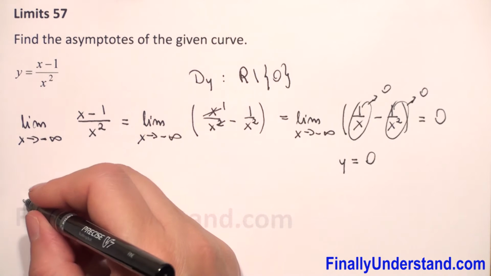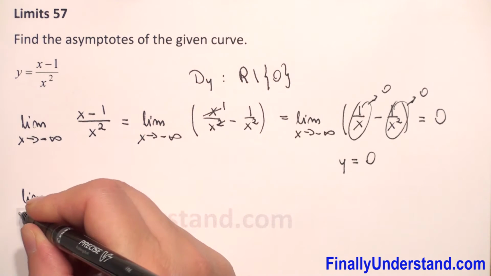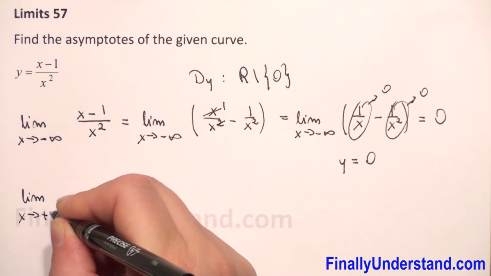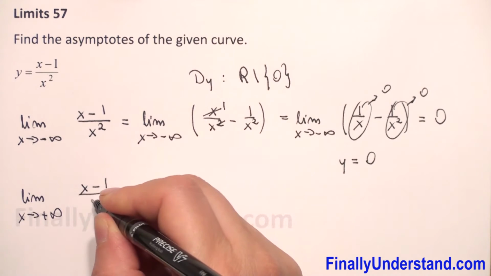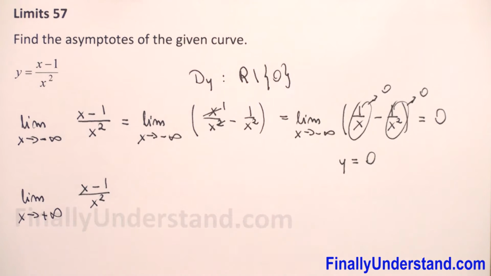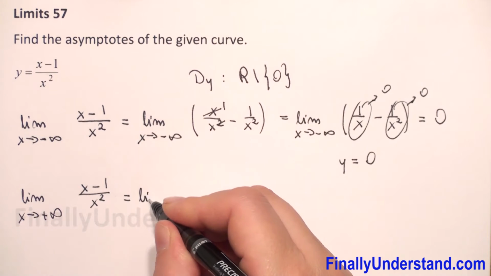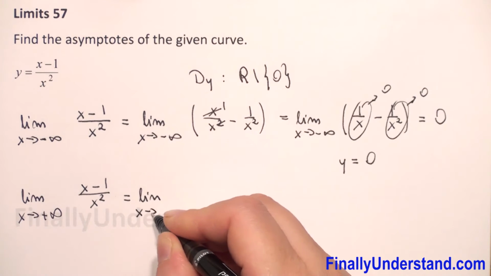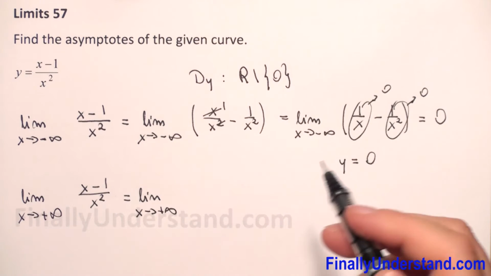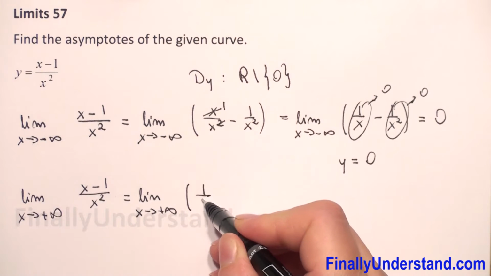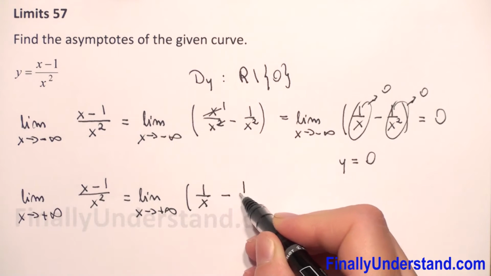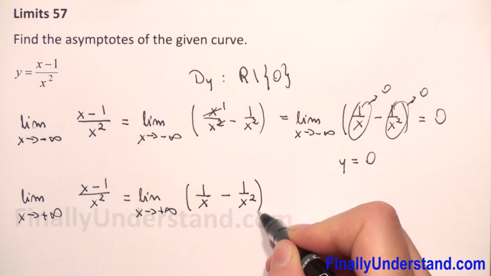Now we have to check the limit as x approaches positive infinity of (x minus 1) over x squared. We have to do the same calculation. So we have the limit as x approaches positive infinity of 1 over x minus 1 over x squared.